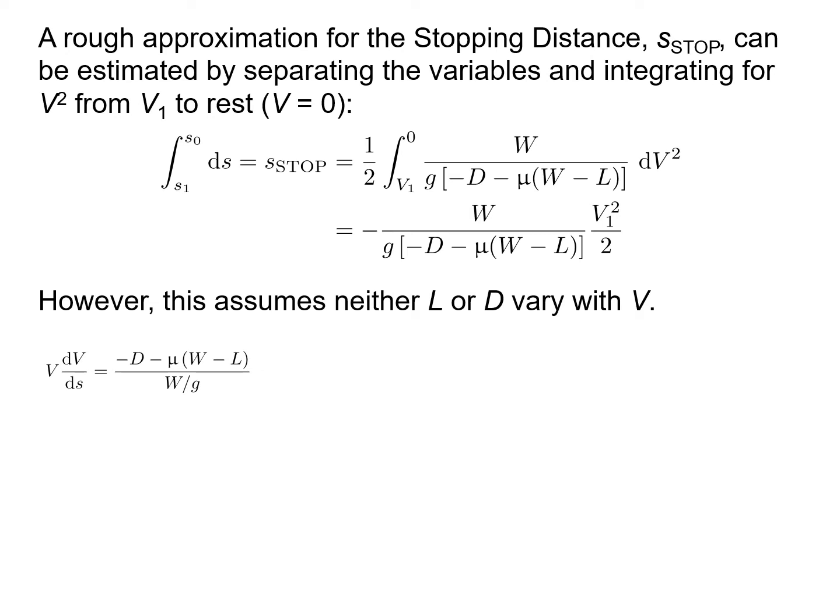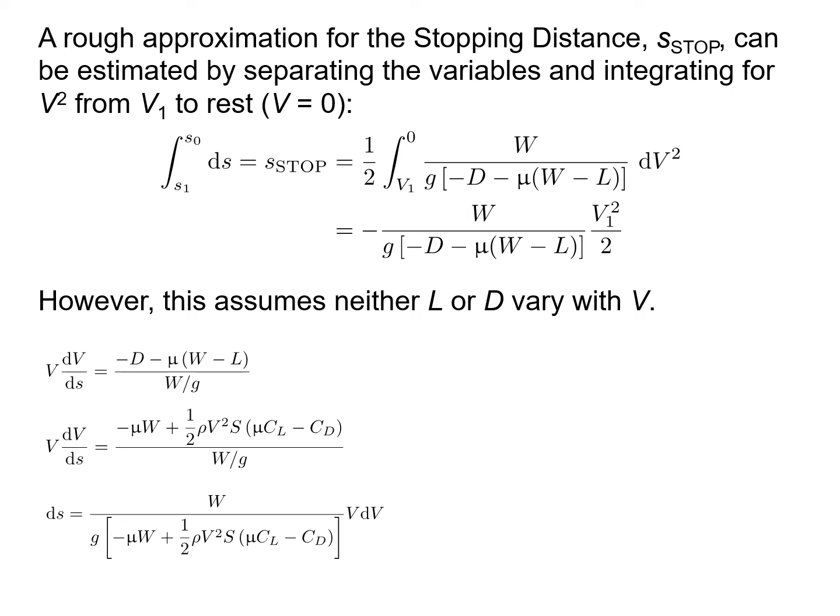But in reality, L and D change with velocity, so we need to revisit the equation and plug in L and D. L is half rho V squared S times CL, and D is half rho V squared S times CD. Then we do some manipulation, put CL and CD together in a bracket, and make ds explicit, so we have a proper differential form. Then we want to do the integration.